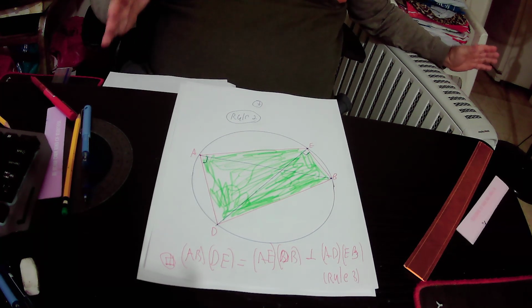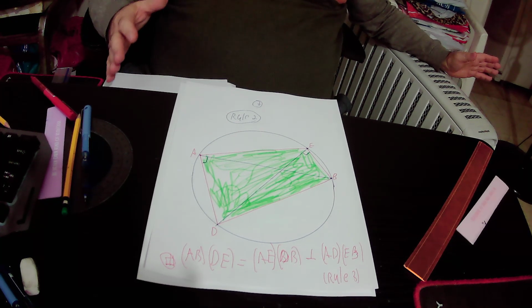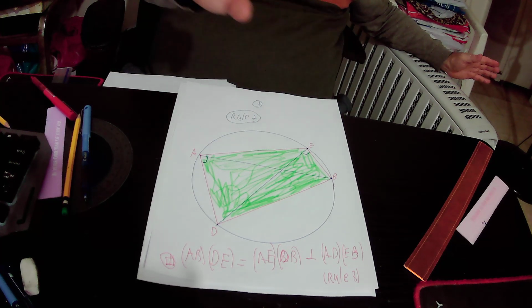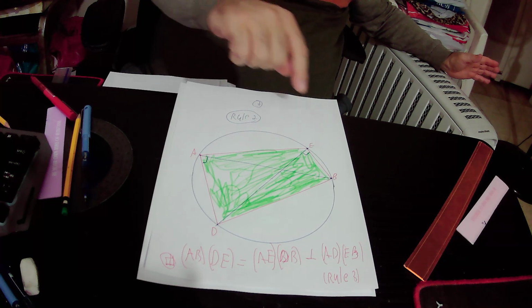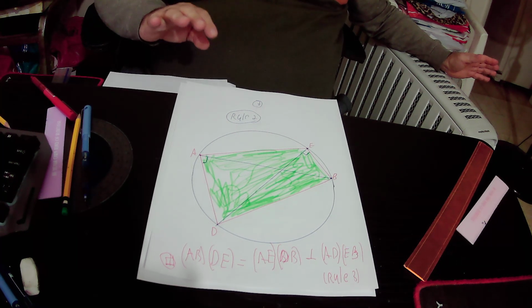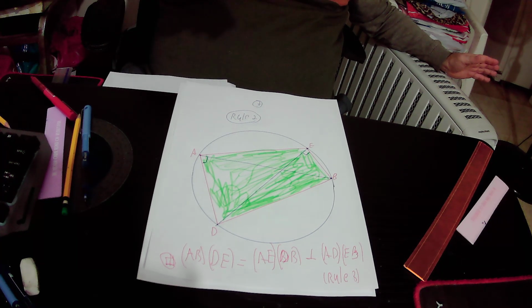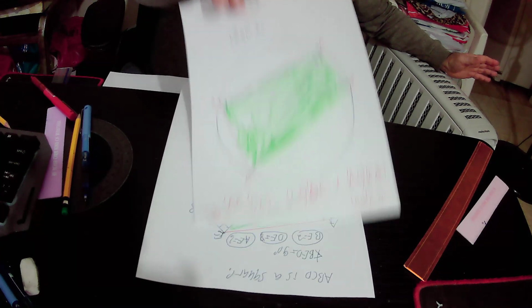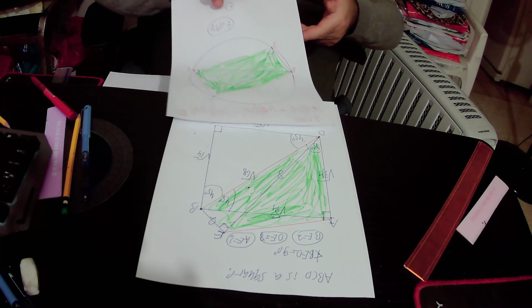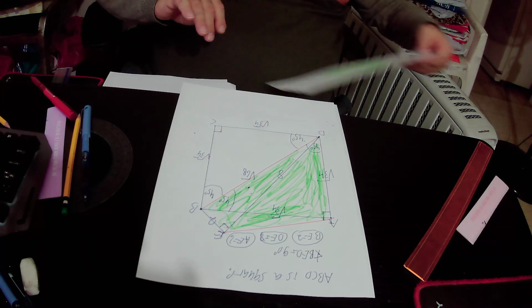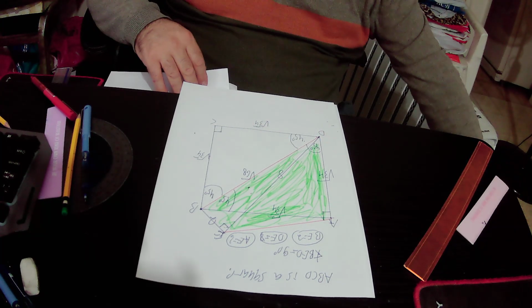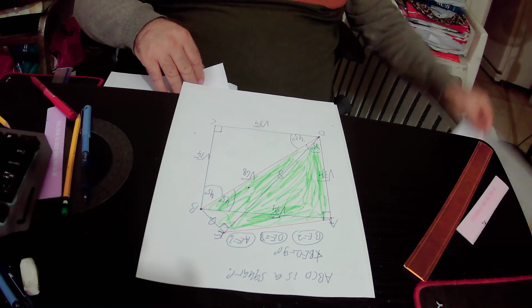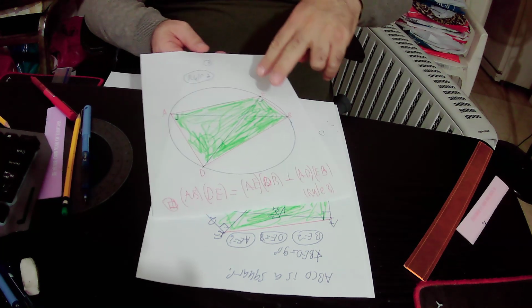So we actually have the green quadrilateral that is inscribed by the blue circle. This is the drawing that we have, and we arrive at it by implementing rule number 2 in our original drawing. And I also presented to you rule number 3, and we implemented rule number 3 in this drawing.